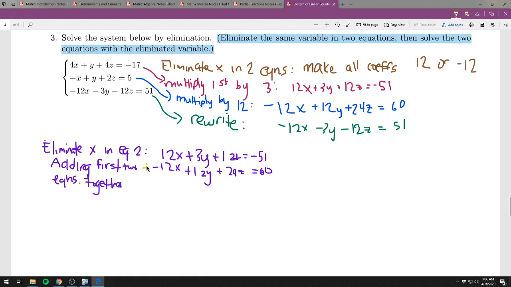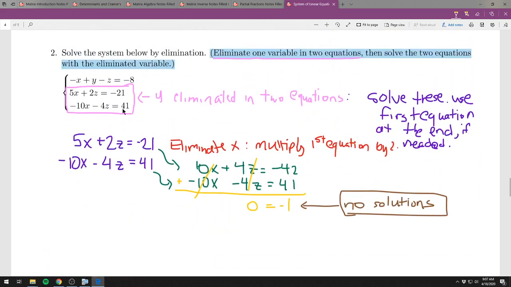The x will be eliminated. 3y plus 12y is 15y. 12z plus 24z is 36z. Equals negative 51 plus 60 is 9. All right, that's our new second equation. It's one of the two things we're going to use. Basically, we're trying to get to this point here, only we're eliminating x. So it's like our new second equation.